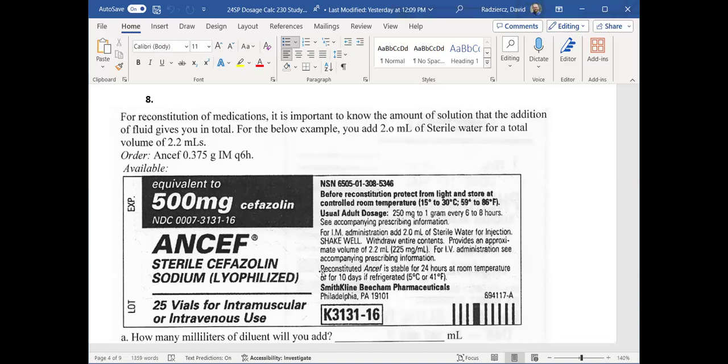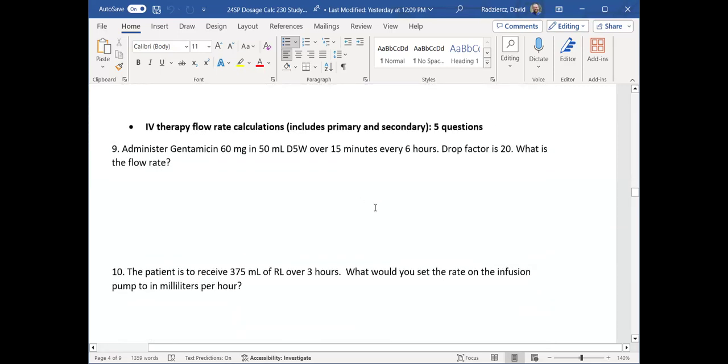The thing you have to pay attention to is looking in the instructions to find out your milligrams per milliliter. And then it's very transparent. It tells you specifically, like here, it's 225 milligrams per milliliter. It's right in the label. You just have to know to look for it in the label, and you don't use that 500 milligrams, but we'll come back to that if we need to. All right.